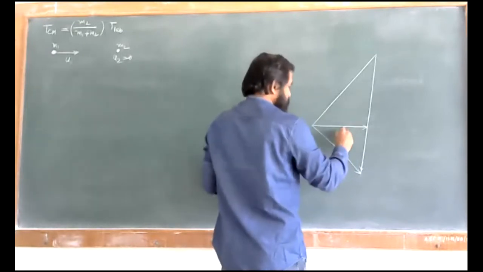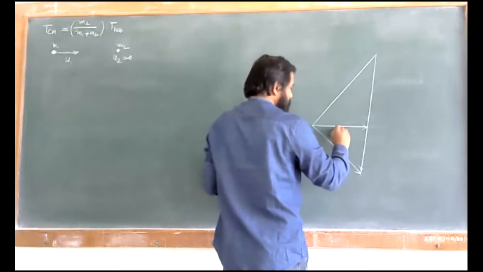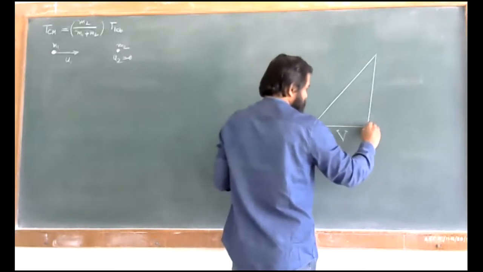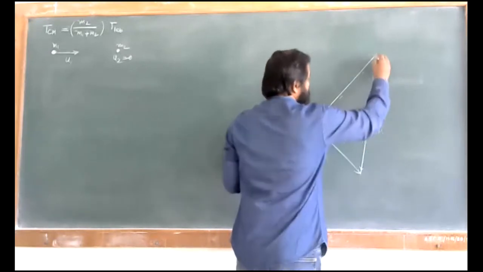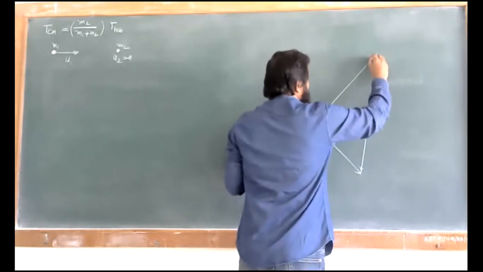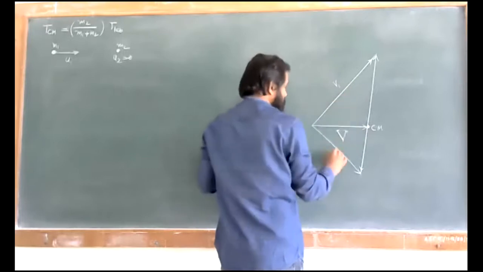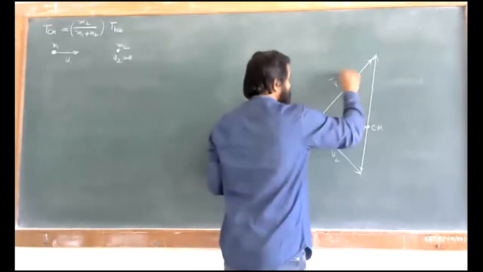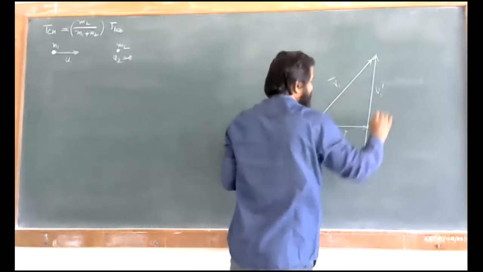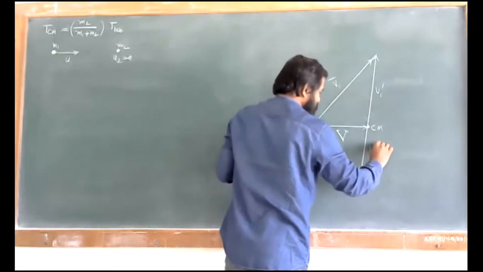Let us say this is the resultant, which is represented by V. This is your center of mass. These are your quantities: this has velocity v1, this has velocity v2, this has velocity v1 dash, and this has velocity v2 dash.